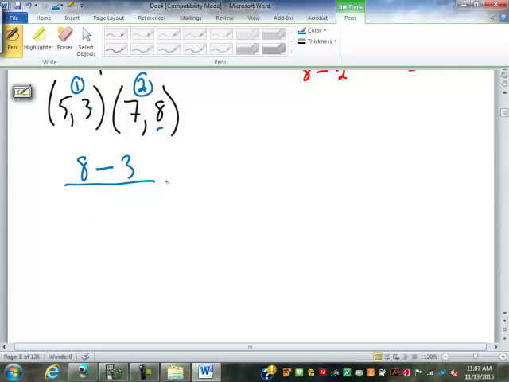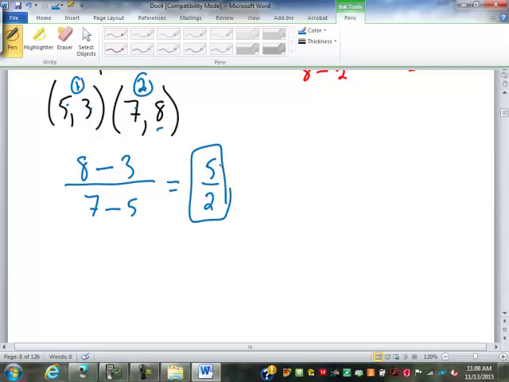Y coordinate is 3. Good. I subtract that, I get 5. Now, x2, point 2, x coordinate is 7, minus x1, point 1, x coordinate is 5. 7 minus 5 is 2. That can't be reduced. It's 5 over 2.